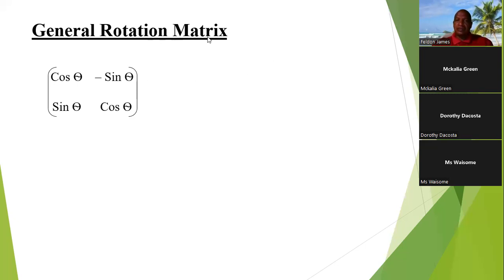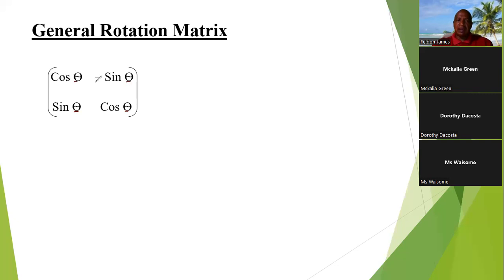Within this general matrix, you would replace theta with the angle you wish to rotate your object or image through. If you desire to rotate the image, for instance, 30 degrees from the pre-image, all you have to do is put 30 degrees for theta.